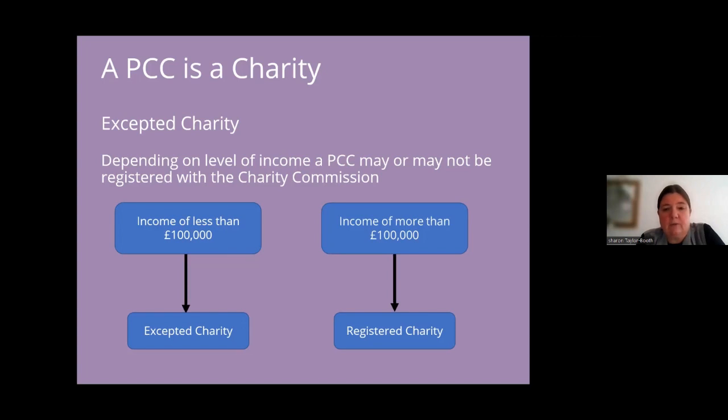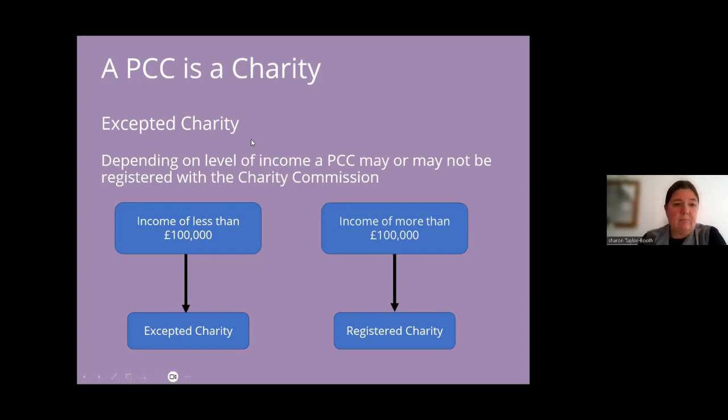And there is a move to get all PCCs registered by 2031. Now, up until recently, you weren't allowed to register if your income was significantly below £100,000. But the Charity Commission are now suggesting that if you would like to be registered as a charity, go ahead and get registered because there's so many more benefits for you. Okay.